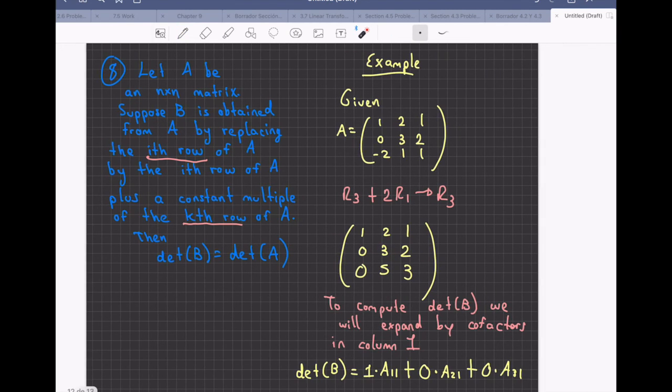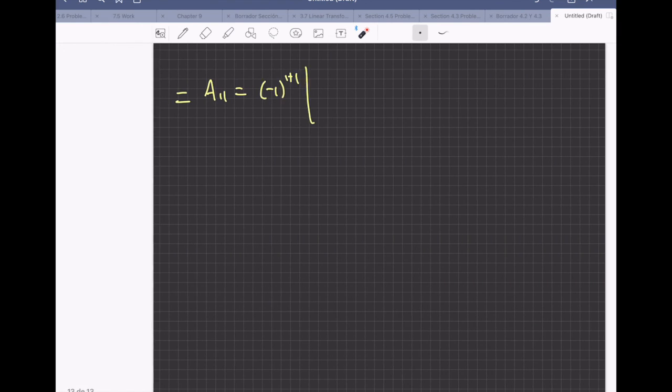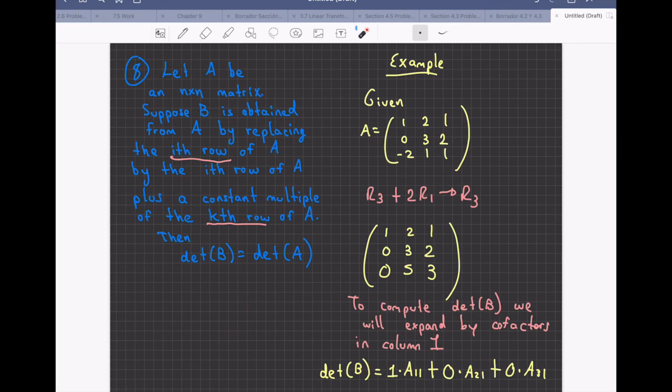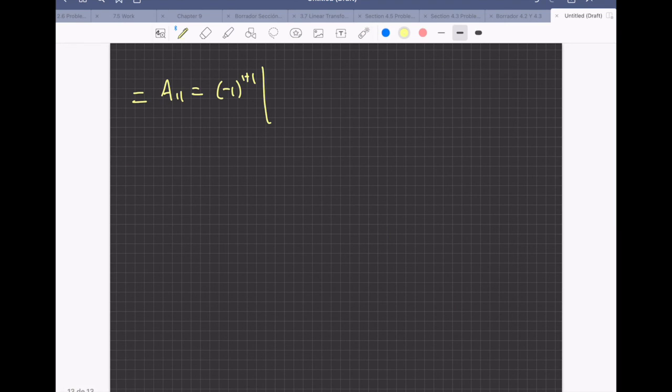So the minor 1,1, eliminating row 1, column 1: 3, 2, 5, 3. And this is going to be only 1 times the determinant: 3 times 3, 9, minus 5 times 2, 10, is negative 1.